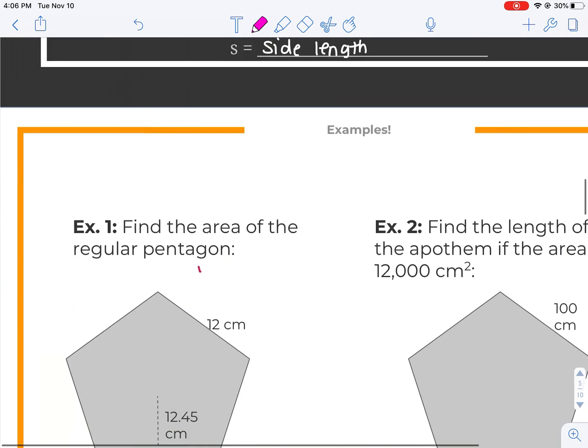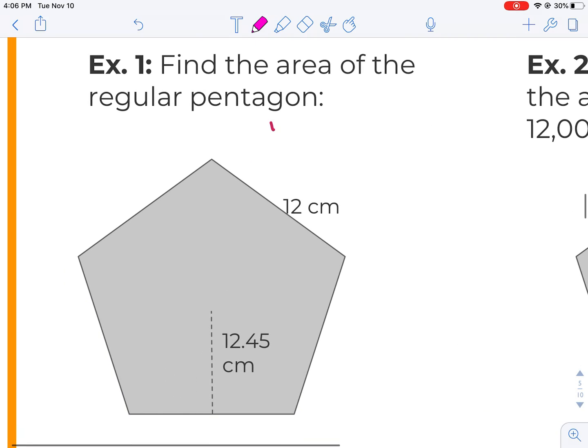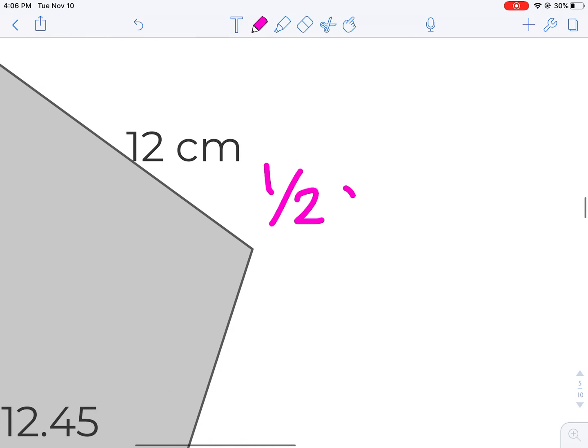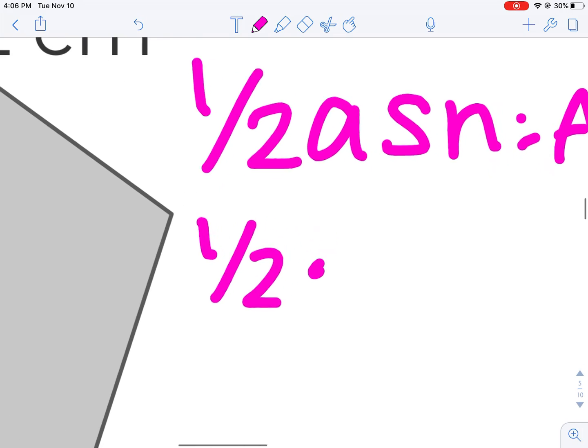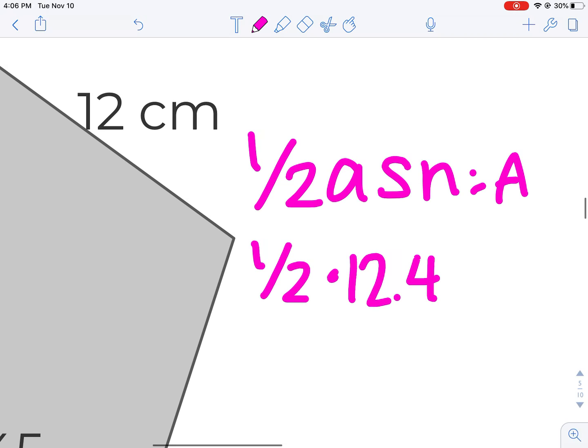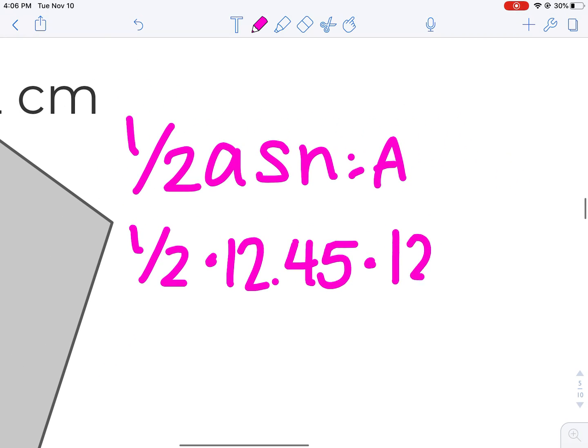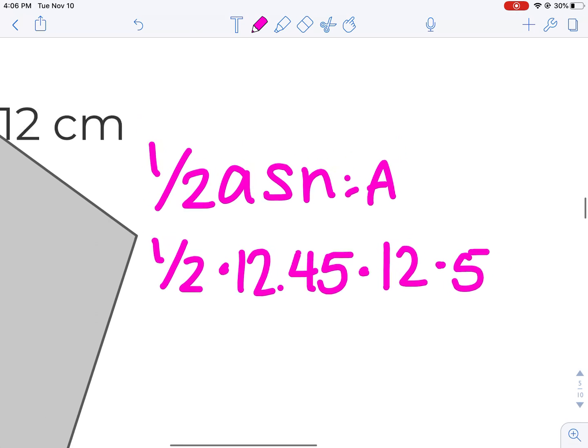We'll practice that a little bit now. We're asked to find the area of a regular pentagon. Pentagons have 5 sides. So I'm going to use my 1/2 apothem times side times number of sides formula. My picture says my apothem is 12.45. Each side is 12 centimeters, and I have 5 sides.